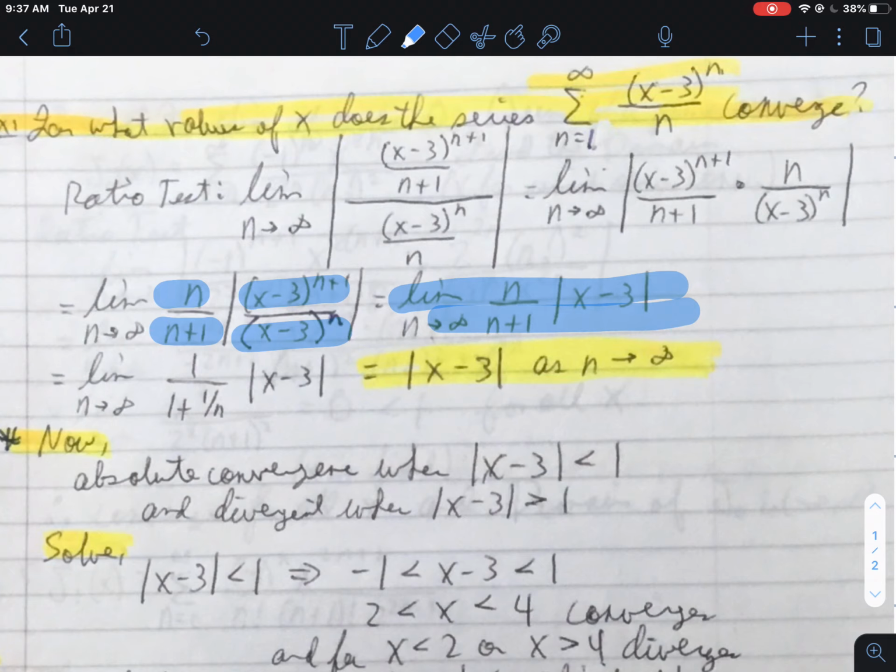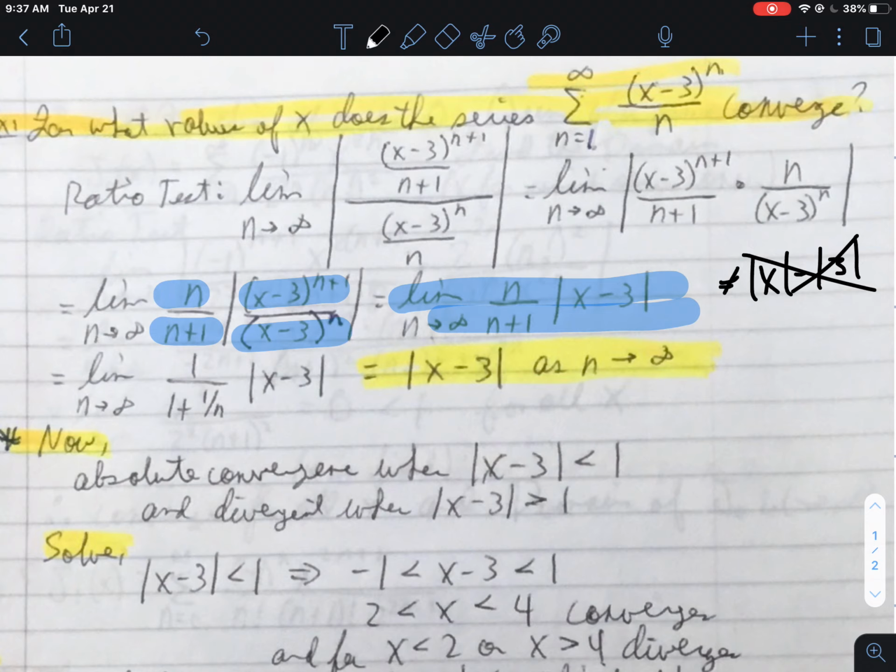That's not true for sums and differences, though. In other words, the absolute value of x minus 3 is not equivalent to the absolute value of x minus the absolute value of 3. So I can't rewrite this. I'm leaving it as the absolute value of x minus 3 times n over n plus 1.